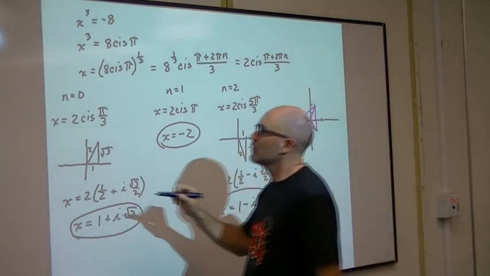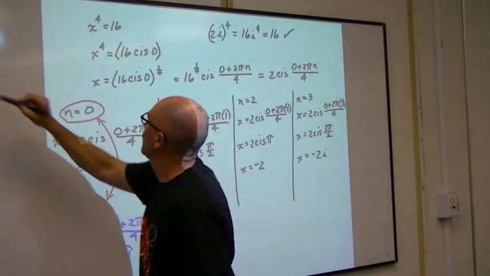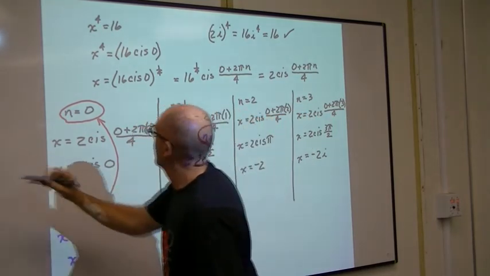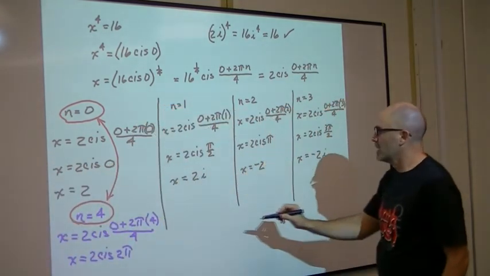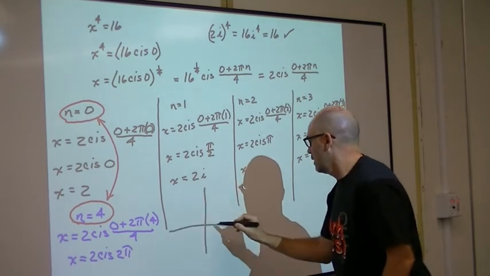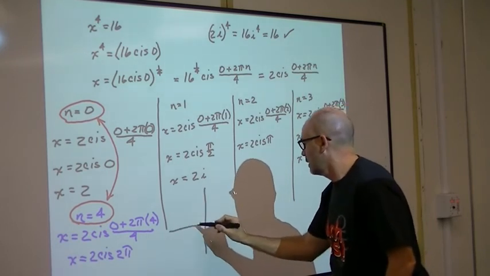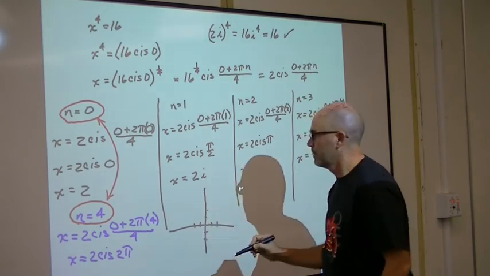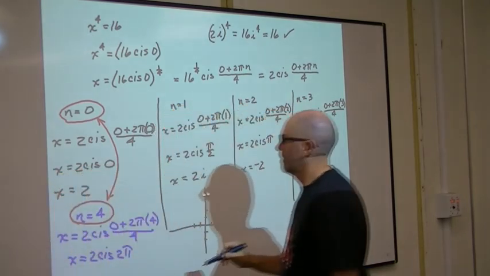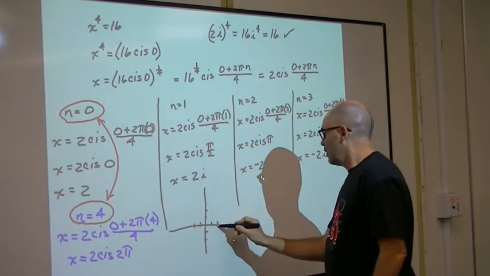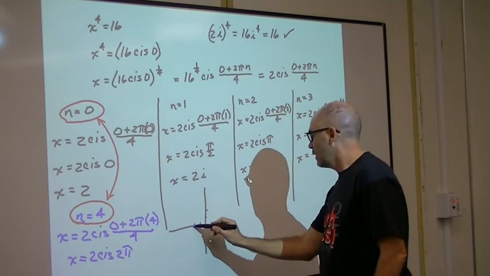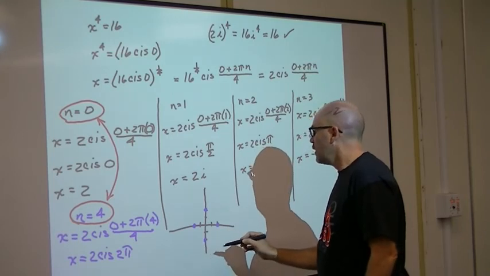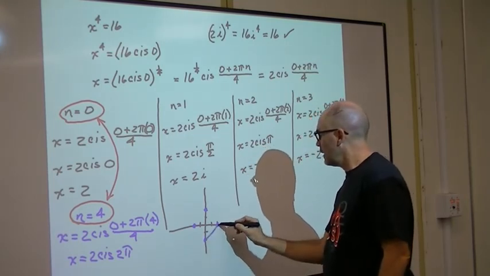Now, if we go back to the one that we just did before, let's graph this. The answers were 2, or negative 2, or 2i, or negative 2i. And notice, this also makes a polygon.